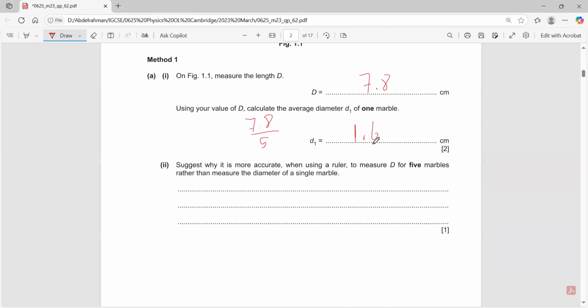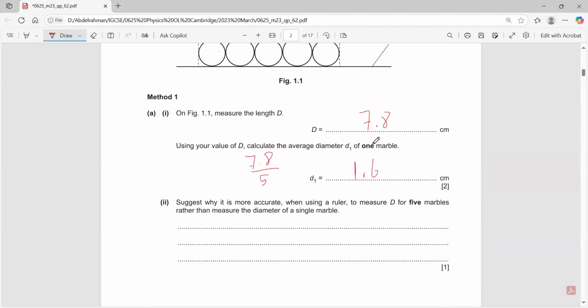Suggest why it is more accurate when using a ruler to measure the distance D of 5 marbles rather than measure the diameter of one single marble. One single marble, there would be an error, right? There would be a human error. So basically, we want to decrease this error. We want to decrease this percentage of uncertainty.